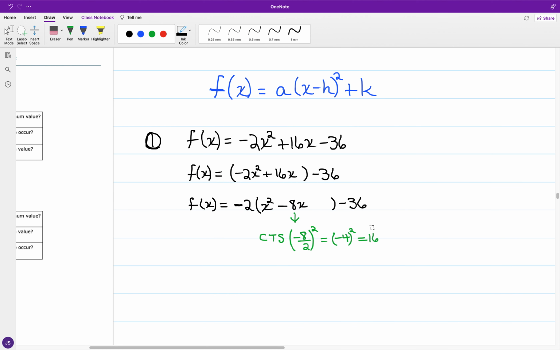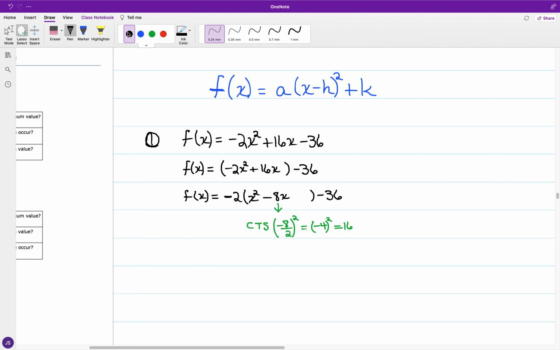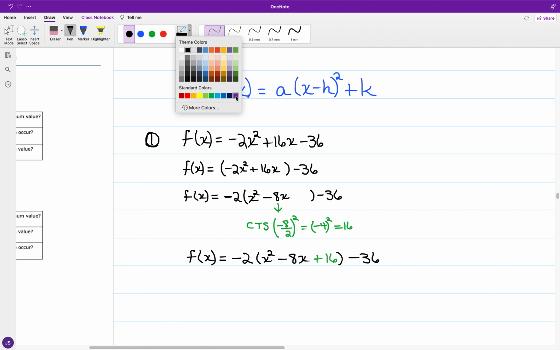Going to the next step, we have f of x equals negative 2 times the quantity x squared minus 8x plus 16, and minus 36. But now there's a bit of an imbalance that is going to be created.